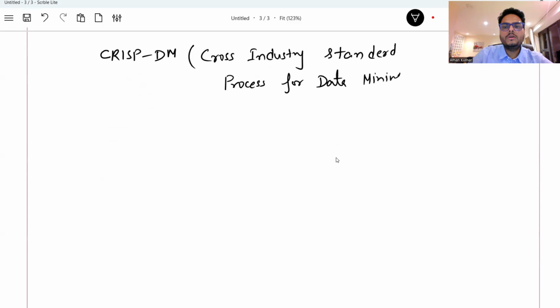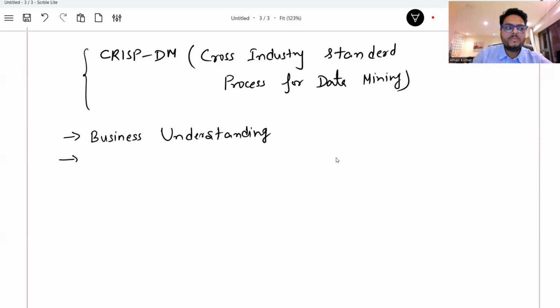Okay. Now, what is the meaning of this? The meaning is very simple. All the steps that you do as part of your data science pipeline. For example, I will write here business understanding. The meaning of CRISP-DM is that this methodology will be used irrespective of which industry we are talking about.